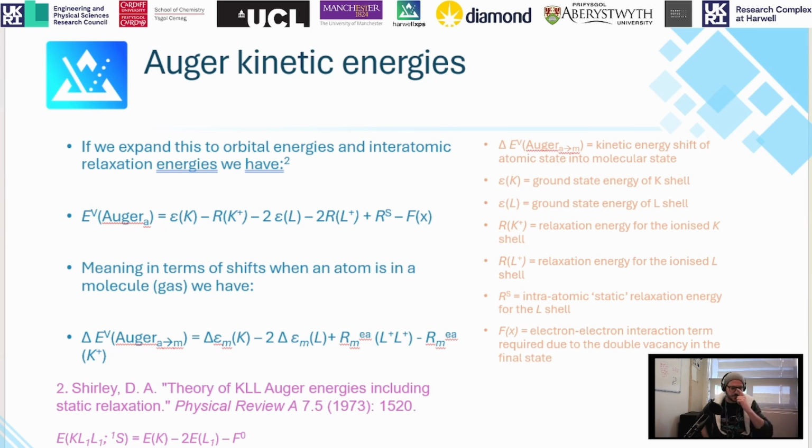Again, we're just talking about a gas phase molecule, and what we end up with is this ΔE. So the shift in the kinetic energy relative to the vacuum level, going from an isolated atom to a molecule for an Auger electron, is equal to the shift in the initial state, the ground state for the K shell for the molecule, minus 2 times the shift in this initial or ground state energy for the L shell, plus the extra-atomic relaxation energy term for the LL shell, minus the extra-atomic relaxation energy term for the molecule for the K shell.